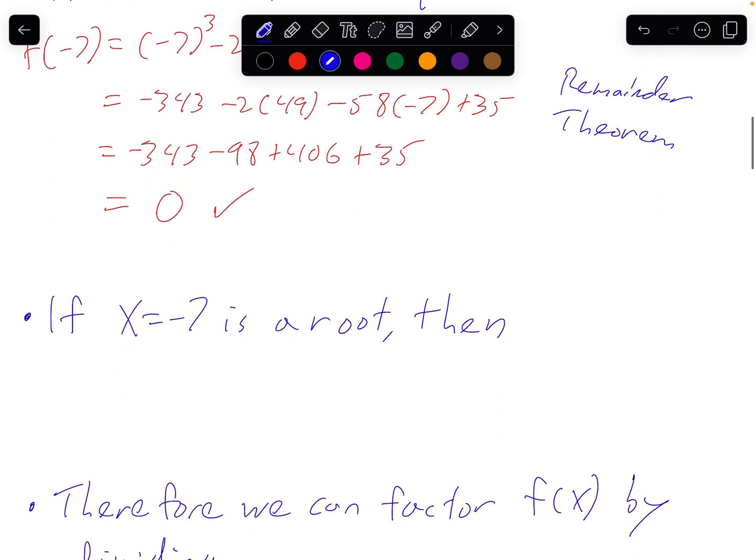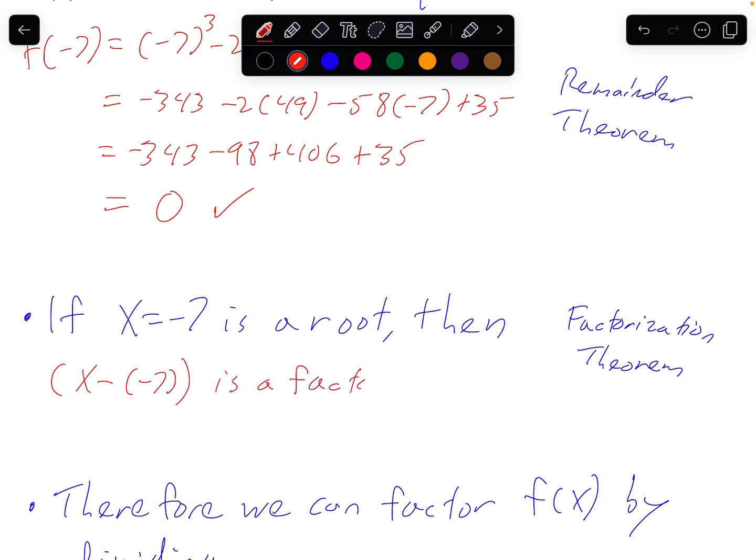We can use the factorization theorem to determine that if x equals -7 is indeed a root of f of x, that means x minus this value is a factor of f of x.